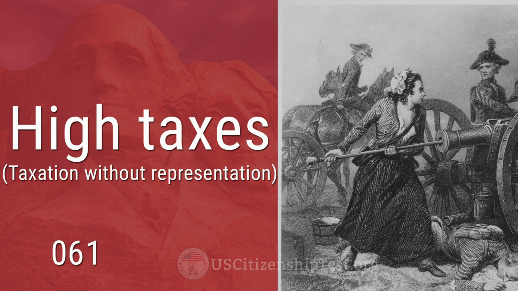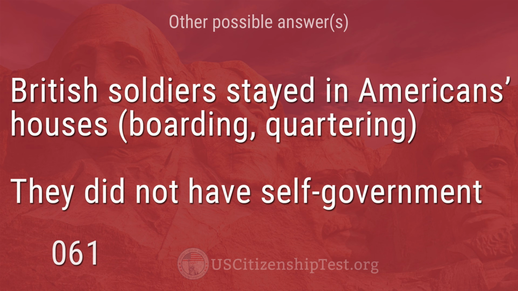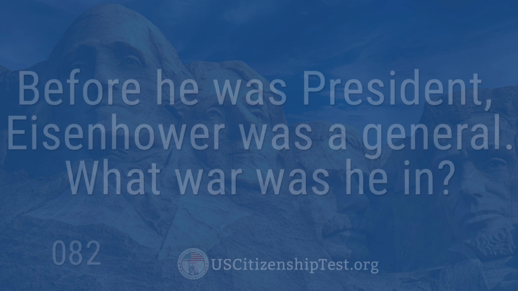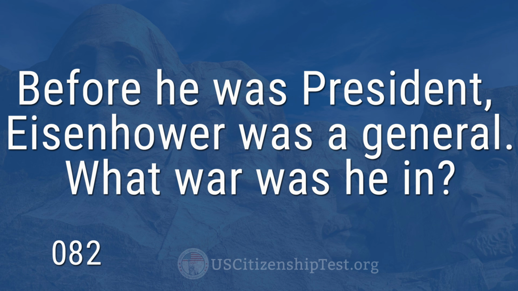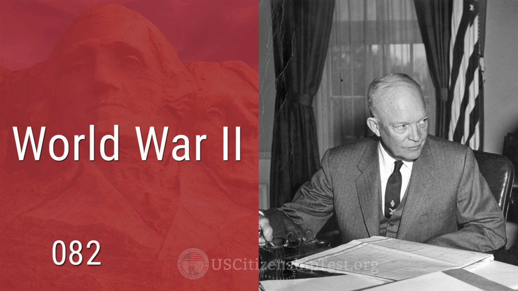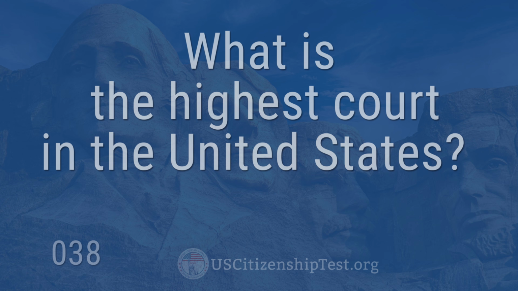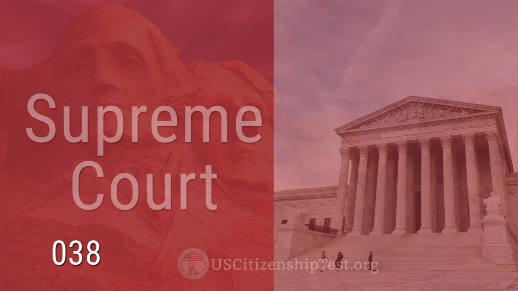Because of high taxes. Before he was president, Eisenhower was a general. What war was he in? World War II. What is the highest court in the United States? The Supreme Court.